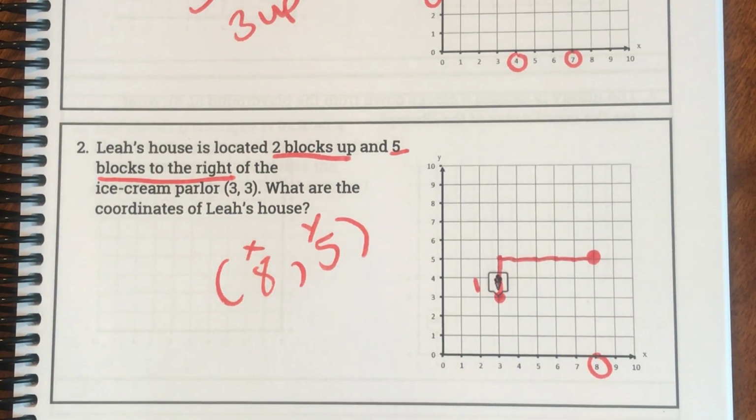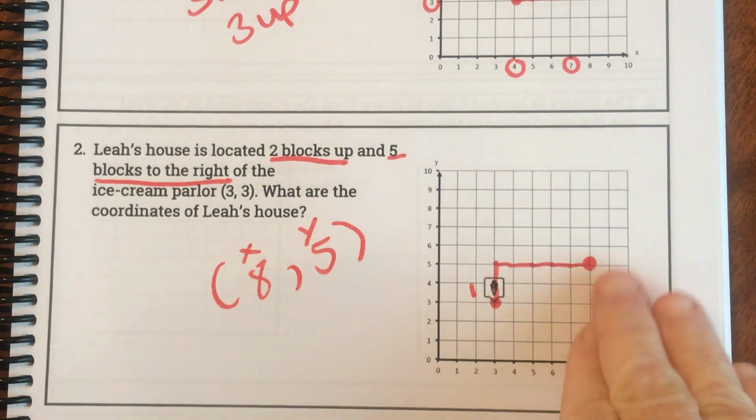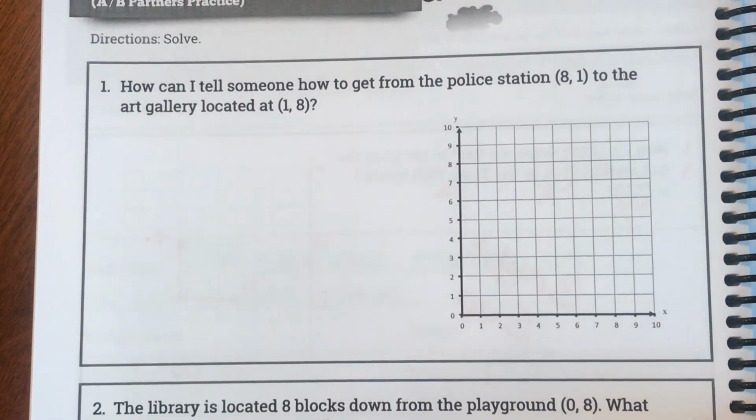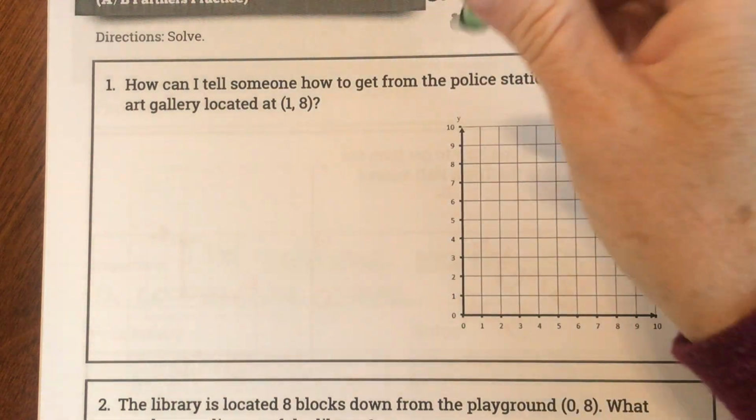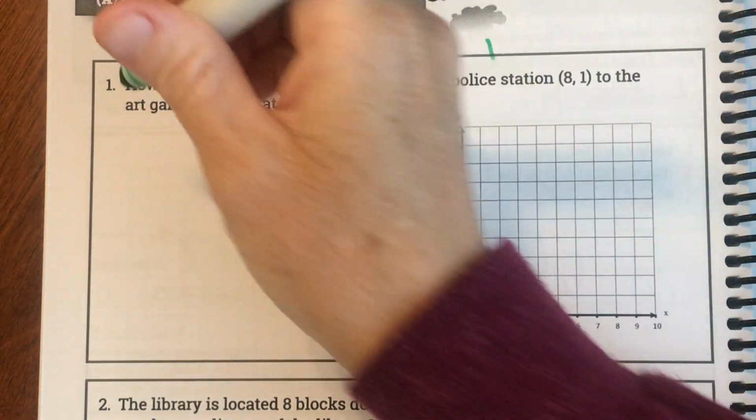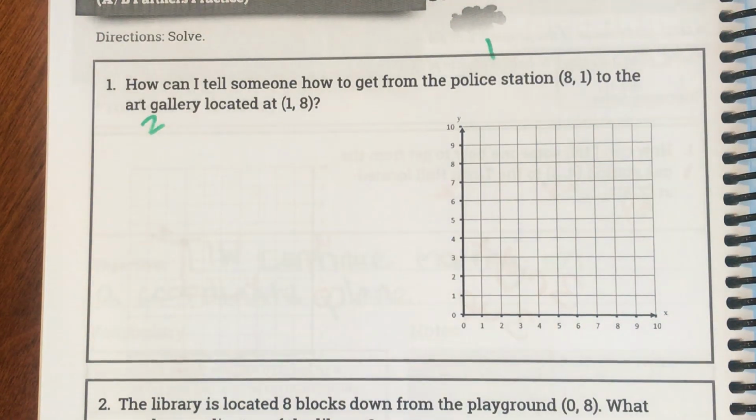Okay, so ladies and gentlemen, let's try some together. I'm going to turn my page. You should be on page 112. And let's read our first set of directions. It says, how can I tell someone how to get from the police station 8-1 to the art gallery 1-8? Okay, so our police station is going to be our first spot, and our art gallery is going to be our second spot.